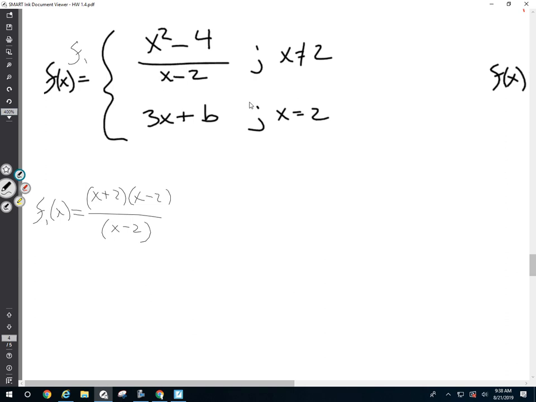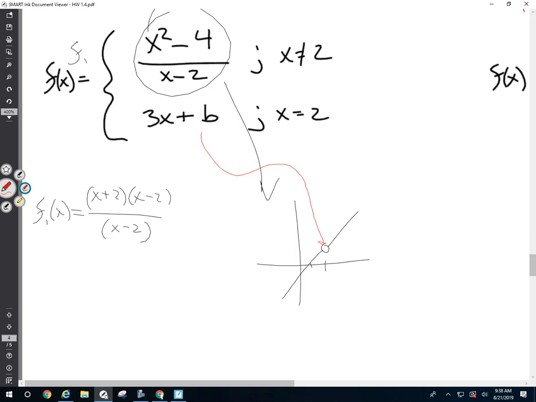If I graphed just the first little piece, f sub 1, it's going to have a hole over or under 2 somewhere. I need to make sure this point fills in the hole so that my function is continuous. To do that, I need to find the location of the hole.